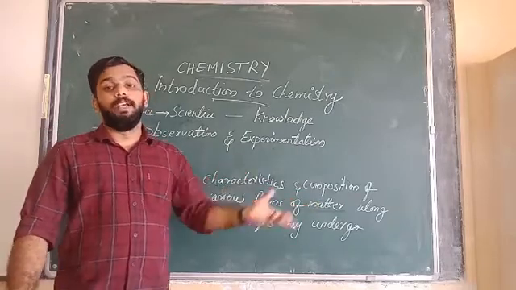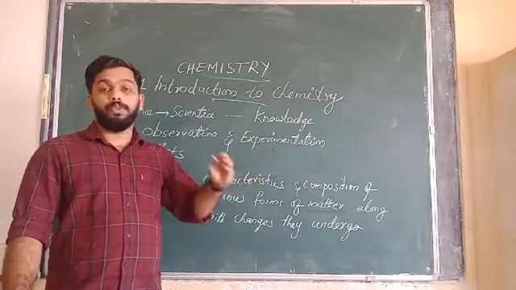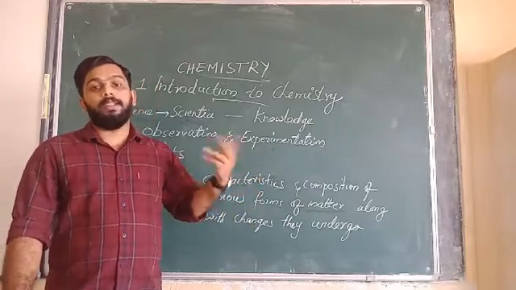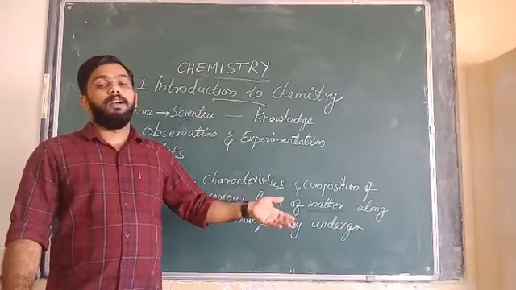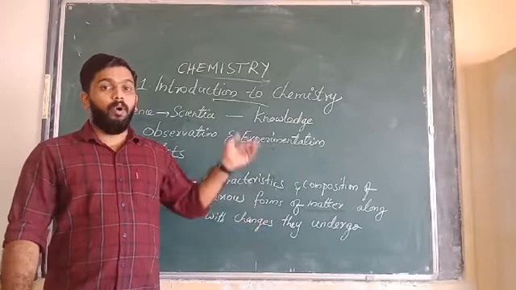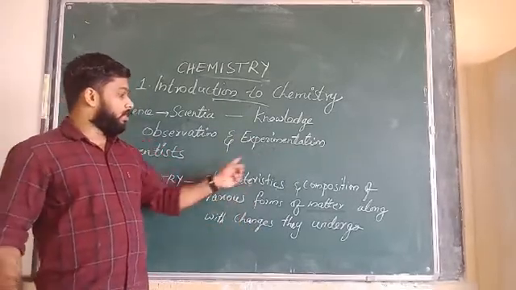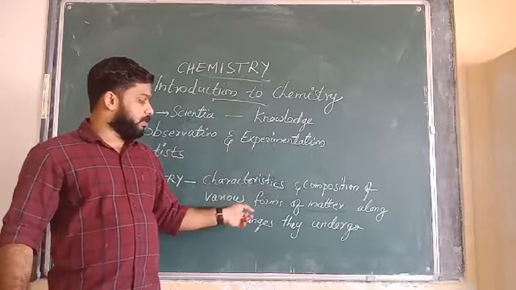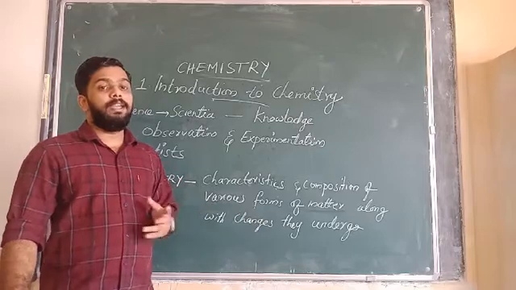What changes will be there? When we are doing something, what will happen to a solid? And when we do other things, what will happen in another state, gases or liquid? So all these are the three states of matter. We are going to deal with the characteristics and composition of these states of matter and the changes they undergo.